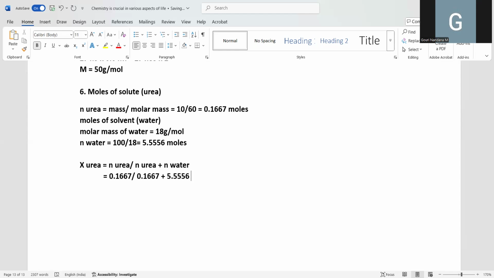When you solve this, you will get a value of 0.0291. So this is the mole fraction of urea.